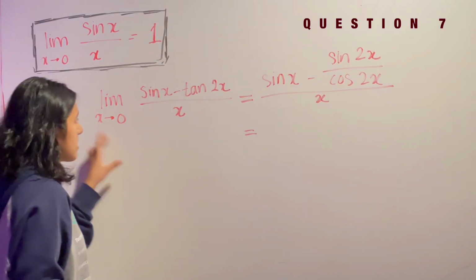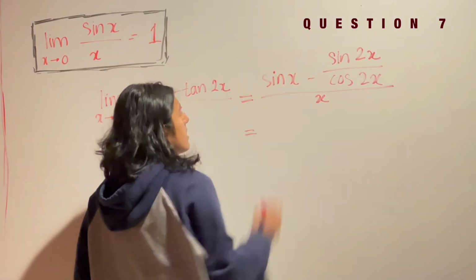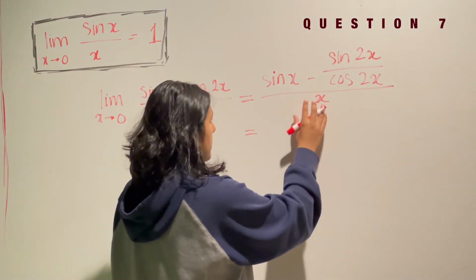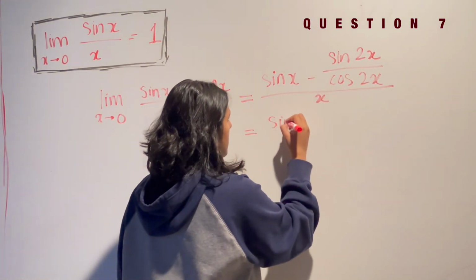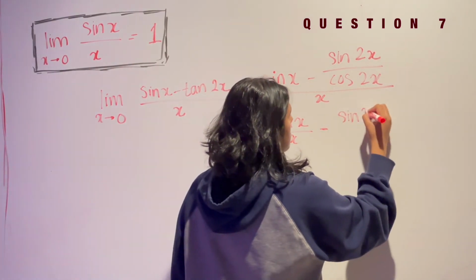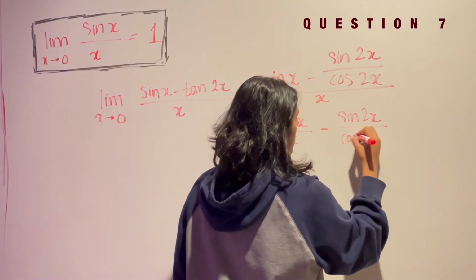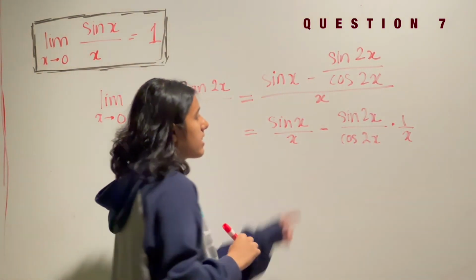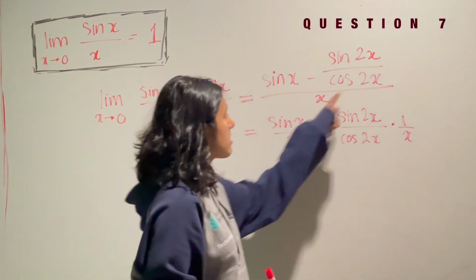Now let's expand both of these terms. So sin x over x minus sin 2x over cos 2x times 1 over x. This is exactly the same thing. The x goes to this term and the x goes to this term.